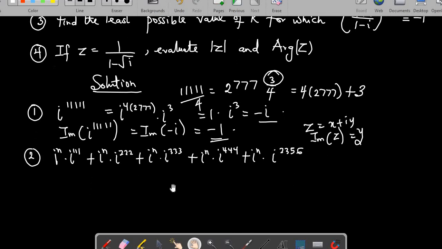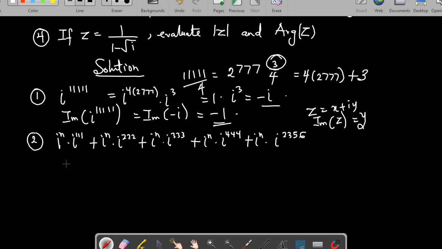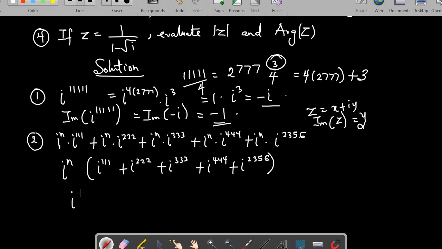The law of indices guides that. Now the next thing to do to simplify is that I can factorize i raised to the power n, right? And then I have i raised to the power 111 plus i raised to the power 222 plus i to the power of 333 plus i to the power of 444 plus i to the power of 2356.